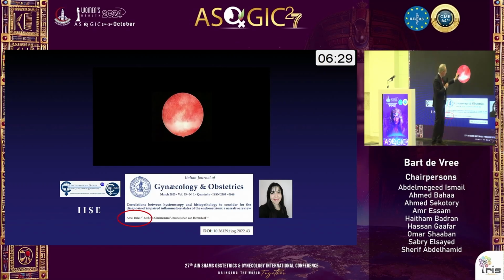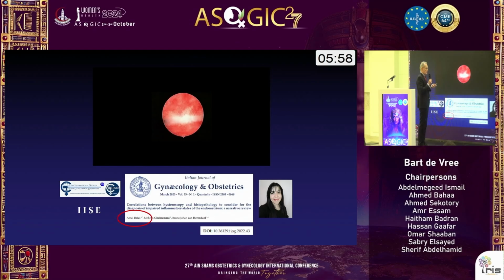If you see the strawberry pattern, everybody says this is endometritis. Well, Dr. Amal Drizzi asks us not to talk about endometritis anymore, but to call it inflammation, a sort of inflammatory state of the endometrium, because it's only in a very tiny piece that there is actually a bacterial endometritis.